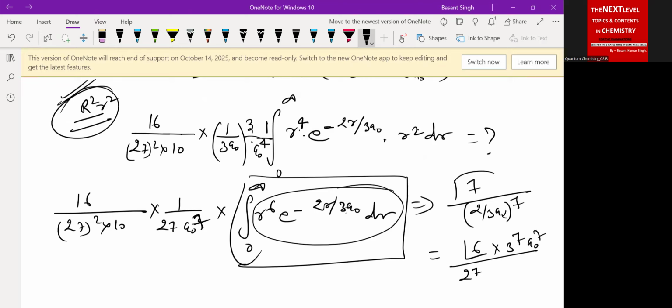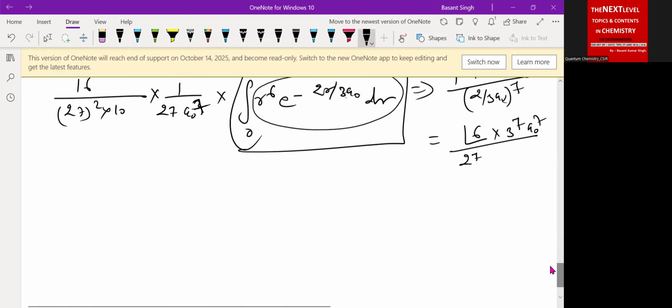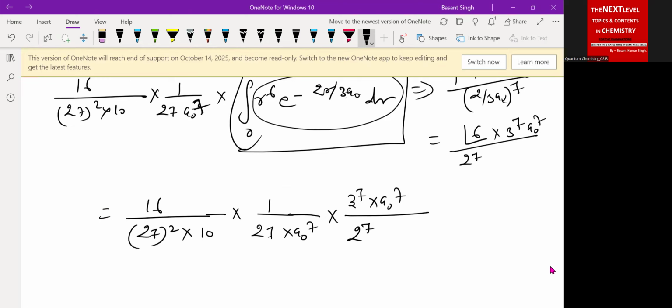So this becomes 16 by 27 square into 10 into 1 by 27 and a naught to the power 7 into this is 3 to the power 7 and a naught to the power 7 by 2 to the power 7 and factorial 6.